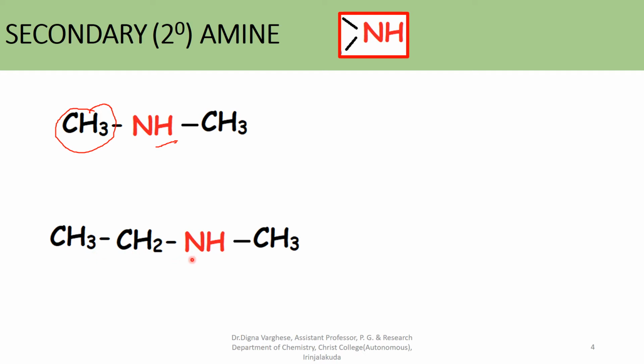Ethanamine, we know, is CH3CH2NH2. So here in NH2, one hydrogen is replaced by the methyl group. So it is known as N-methylethanamine. Its common name is ethyl methylamine, but its IUPAC name is N-methylethanamine.